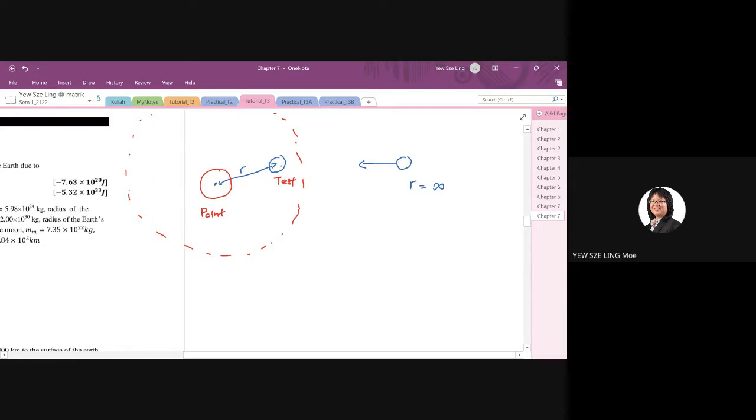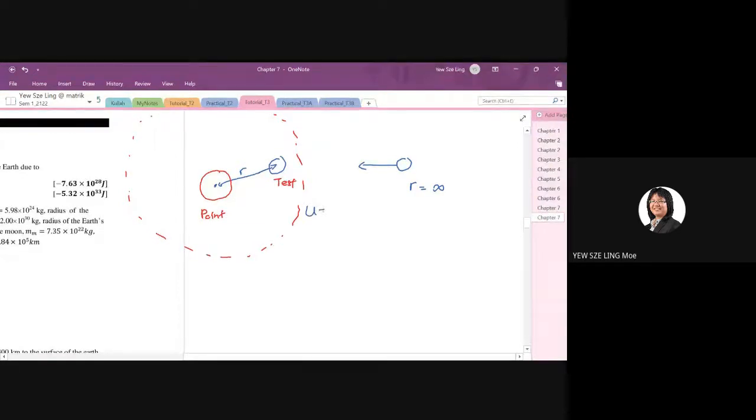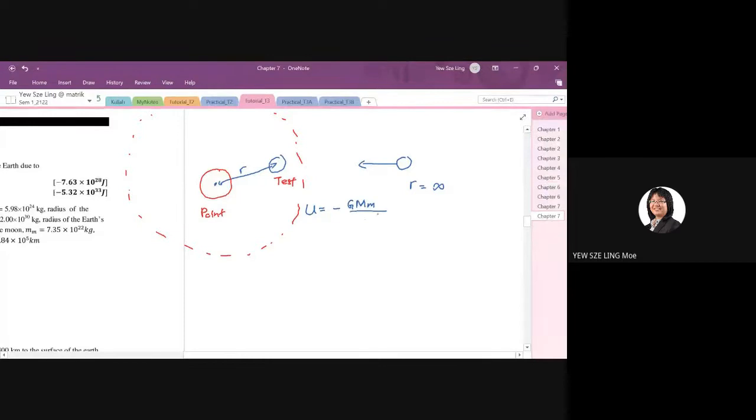When you place the test mass inside this field, it experiences gravitational force. The work done to bring the test mass from infinity to point r is calculated by U equals negative GMm over r, where capital M is the point mass and small m is the test mass.